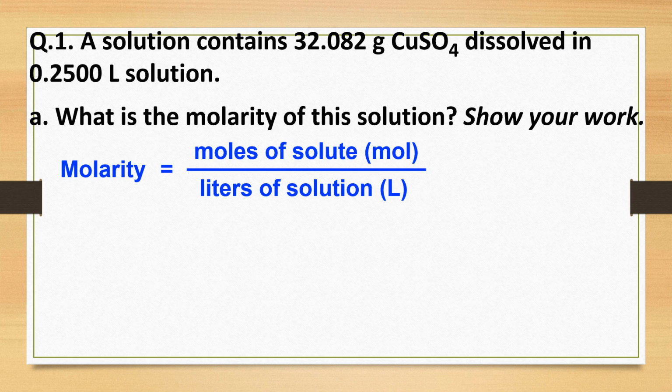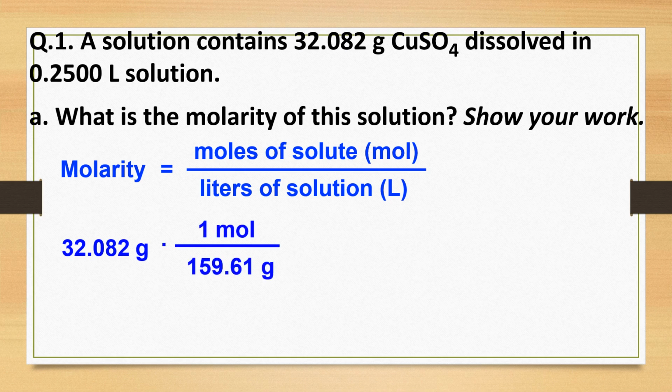So we start with our given, and then divide by our molecular weight of copper sulfate, which is 159.61 grams per mole. That gives us the mole number of copper sulfate, 0.2010 moles. Remember to keep all your sig figs.